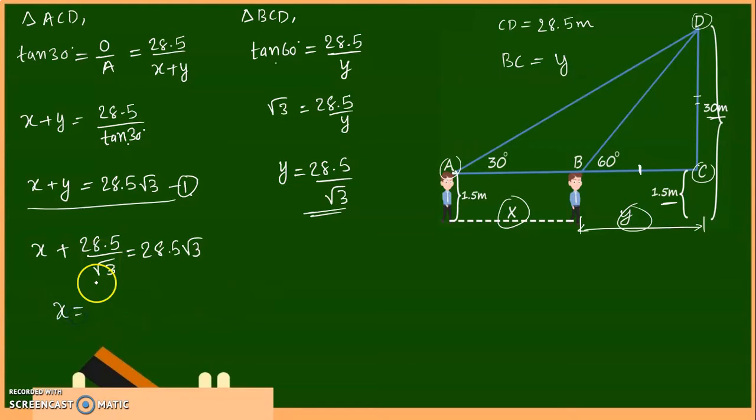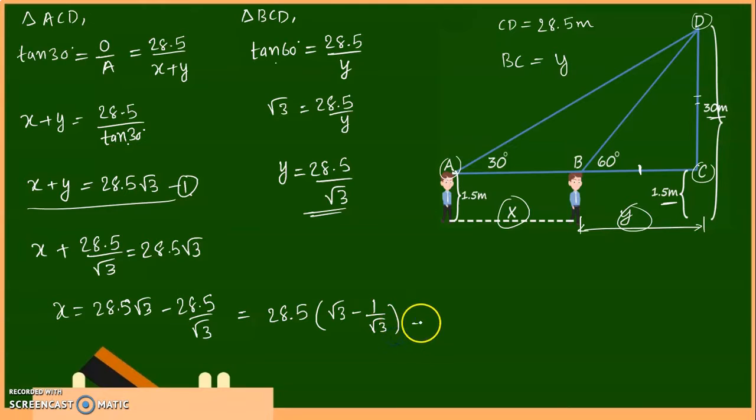X will be equal to 28.5 root 3 minus 28.5 divided by root 3. If you simplify this, 28.5 will be a common value. Here we will have root 3 minus 1 upon root 3. If you take the LCM, root 3 multiplied by root 3 is 3, minus 1, that will be 2 divided by root 3.